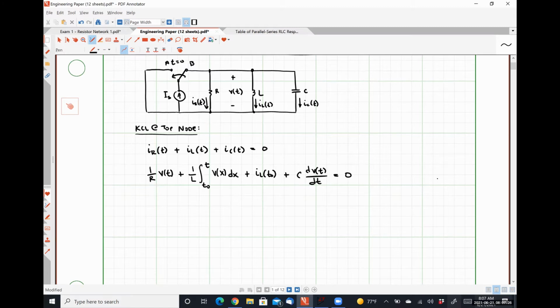So if I take the derivative, what I'm left with, I'm going to reorganize this a little bit.